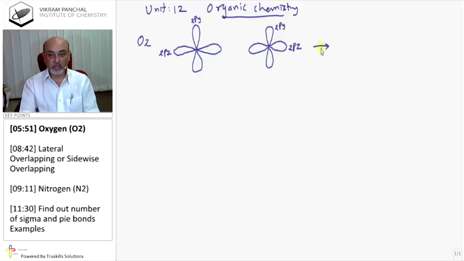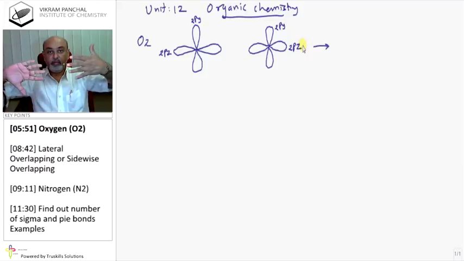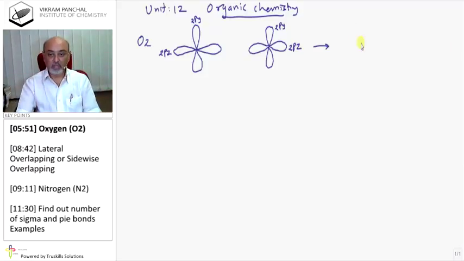So first of all, direct overlapping takes place of these two 2pz orbitals on z-axis, and they will form one sigma bond. So this is sigma bond between two oxygen.